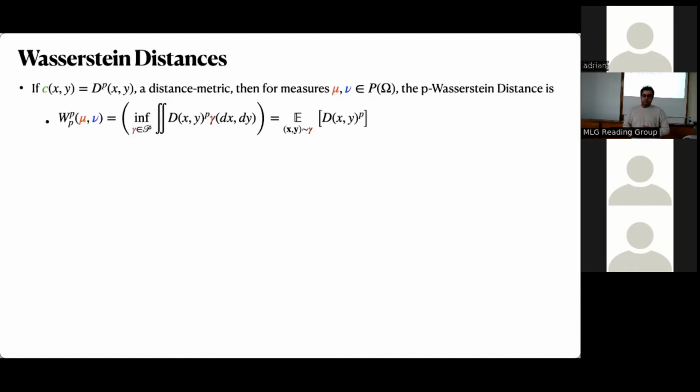You can think of this as taking the expectation of the distance metric if you're sampling points from the optimal coupling gamma between the two measures.